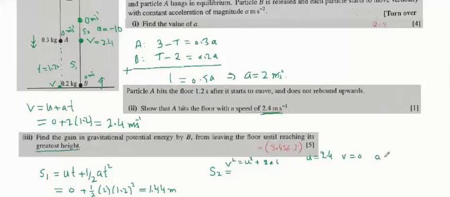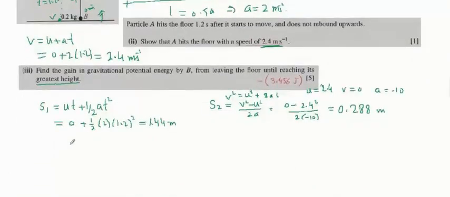And A is equal to minus 10. So S will be equal to v square minus u square over 2A. So 0 minus 2.4 square divided by 2 into minus 10. So what are we getting here? 0.288. Okay, so only 0.288 meters will be covered during the second stage of motion.